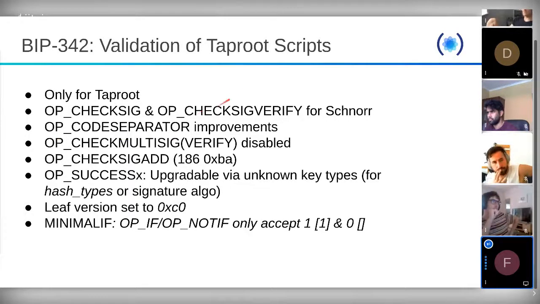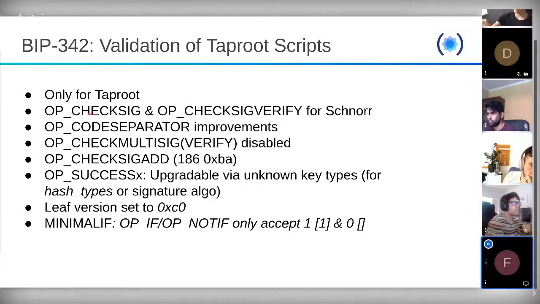Okay, so then the last BIP is BIP 342, and it's about the script by itself. So there are few changes, and that's only for Taproot. As you can see, it's SegWit v1, so there's no possible confusion. In short, it changes OP_CHECKSIG and OP_CHECKSIGVERIFY to be for Schnorr.